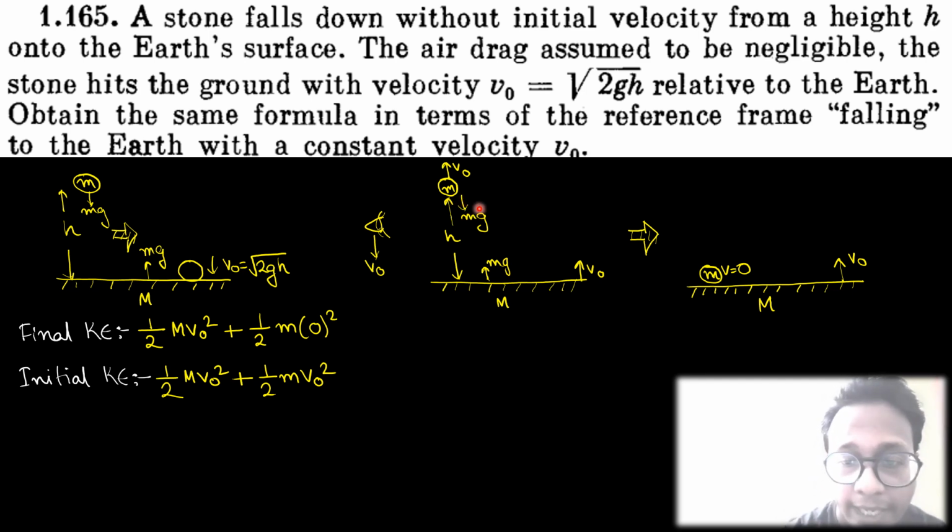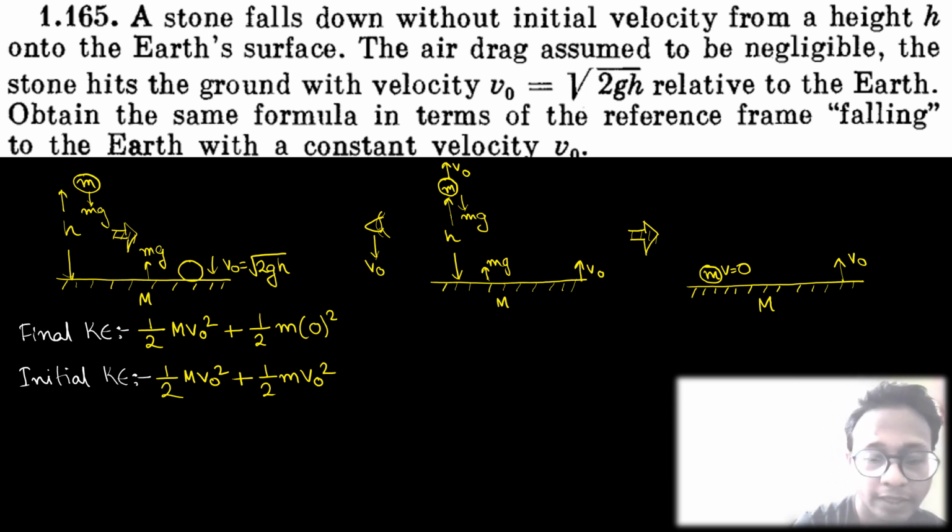See, mg is acting downward, the displacement of the ball is also downward. What is actually happening is, v naught is acting upward, and because of this mg force, the ball is slowly being decelerated and this earth is catching up to the ball. So from this frame of reference, mg is acting downward and it happened over a displacement of h.